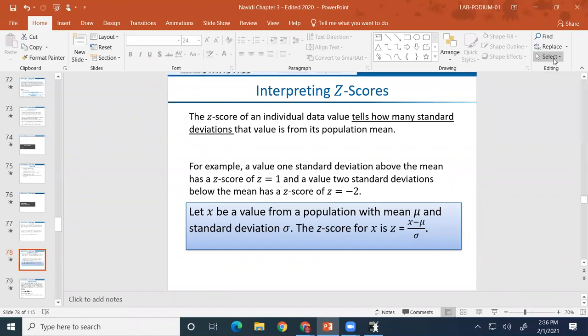And these values, for the most part, will be between -3 and +3. They can be smaller or larger than that, but it's very, very unlikely, because 3 standard deviations from the mean on either side covers almost all of the data. There's not much out there. But generally speaking, they're going to be in that range.